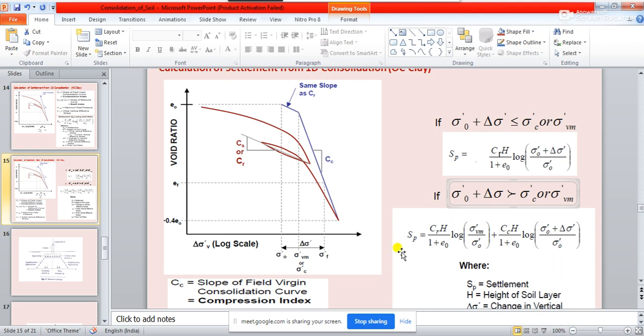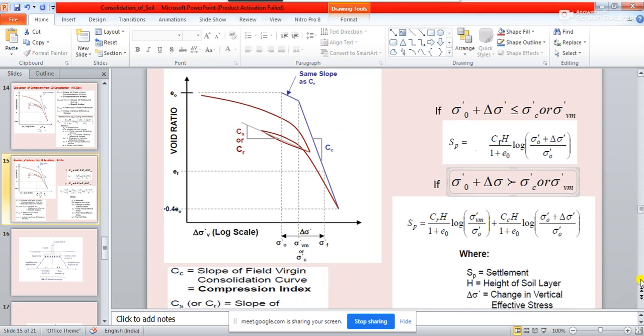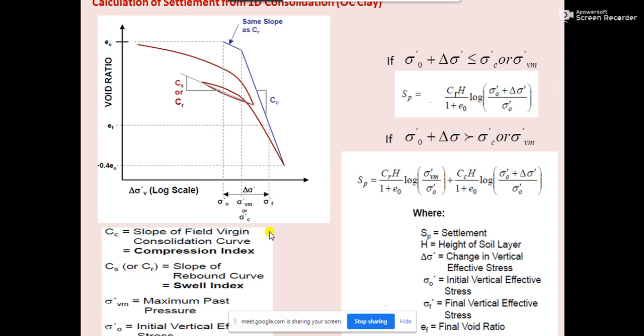Yes, sir. Okay, so in this diagram you observe one thing, there is a sigma naught dash. Can you observe this? Let me make it a little bigger. So what is this sigma naught dash?